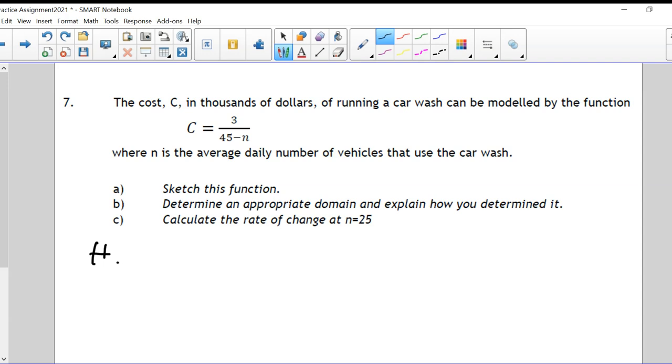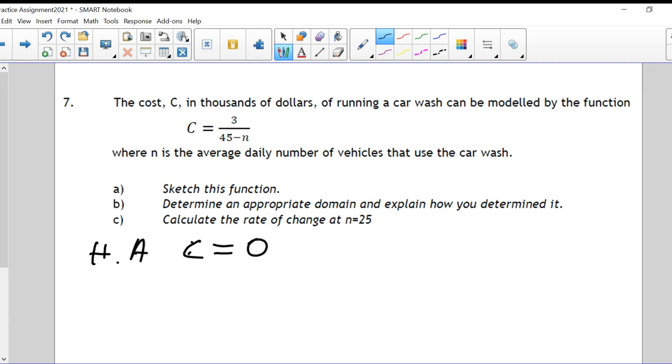HA, and I'm going to be consistent here, right? Remember that we're talking about C and N. Not that that's a big deal, I'm not going to take any marks off for that. But it would be the C equals 0 line. All right, that's my HA.